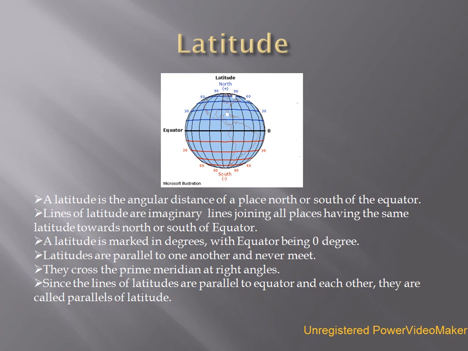A latitude is marked in degrees, with equator being 0 degree. Latitudes are parallels to one another and never meet. They cross the prime meridian at right angle. Since the lines of latitudes are parallel to equator and each other, they are called parallels of latitude.